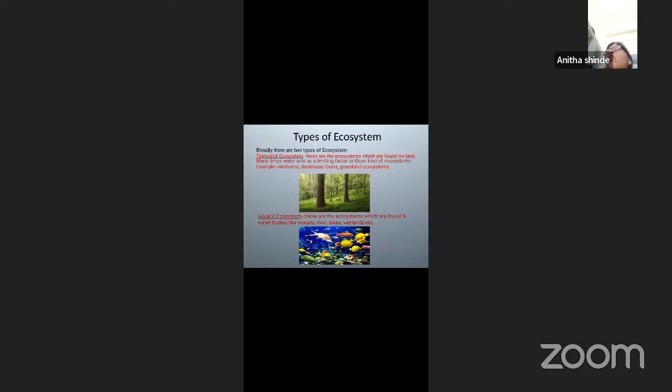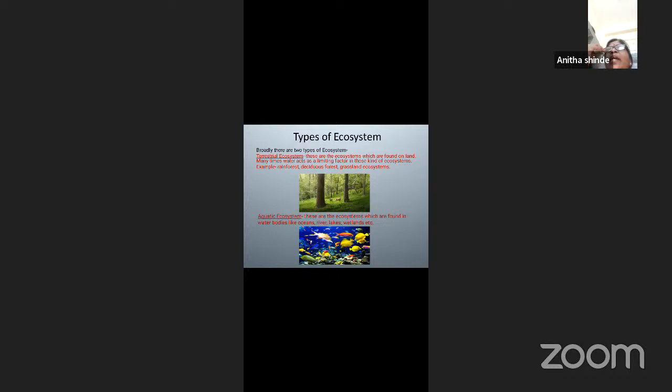Now, another classification of ecosystem is also there, where we talk about the artificial as well as the natural. Natural is nothing but the terrestrial ecosystems as well as aquatic ecosystems. But there are certain artificial ecosystems that are made by man, like small pond impoundments, small wetlands, or even small lakes.